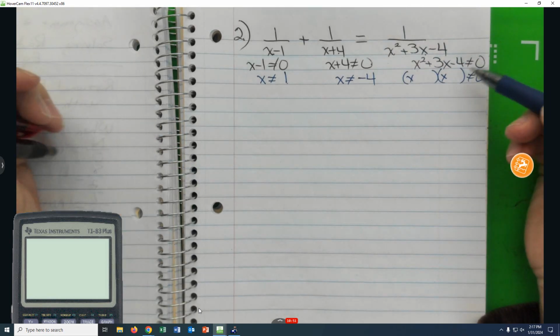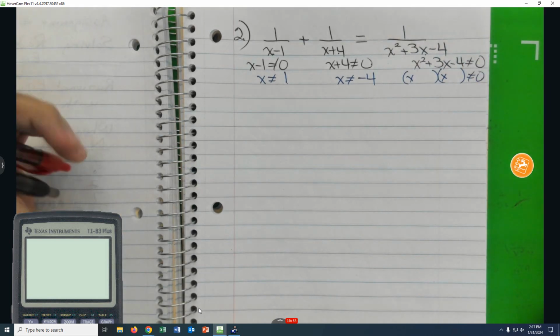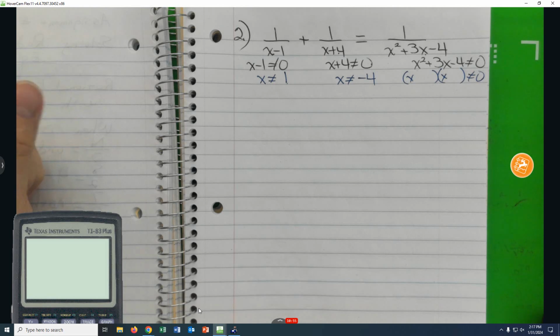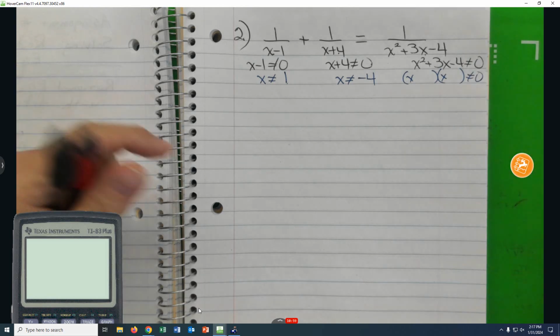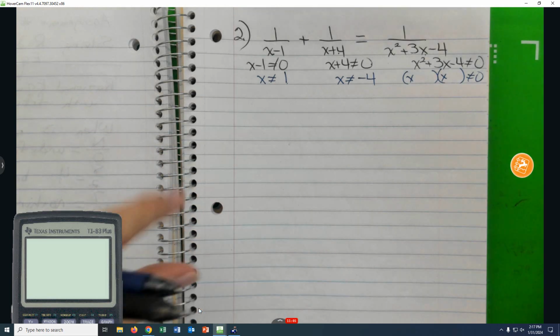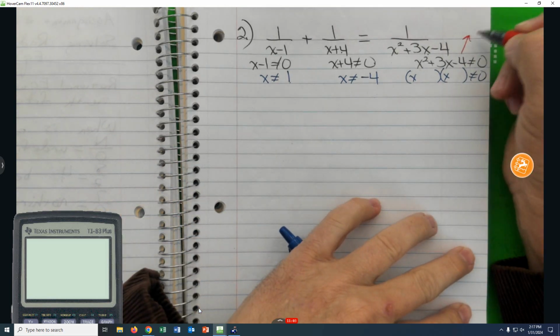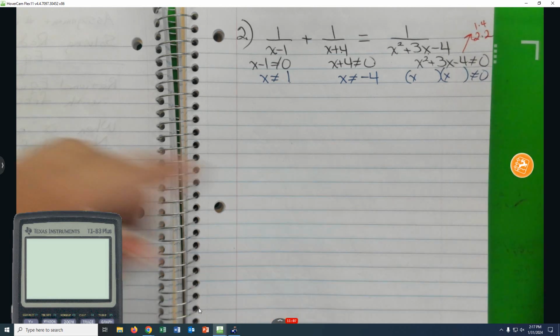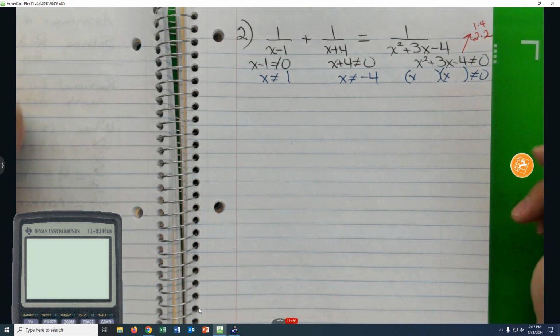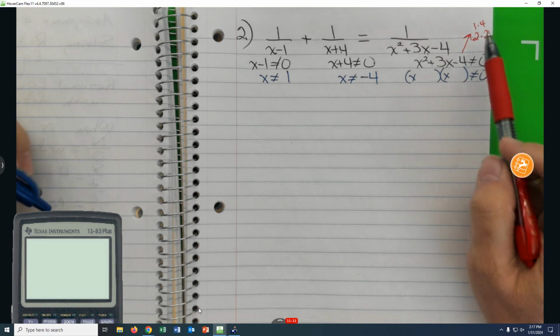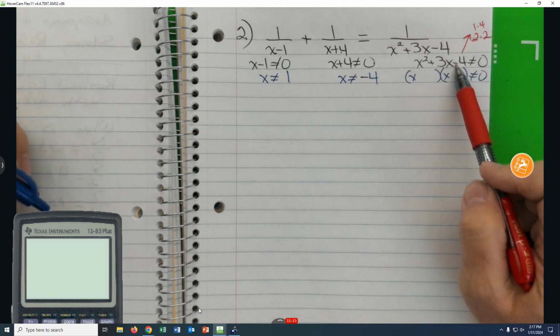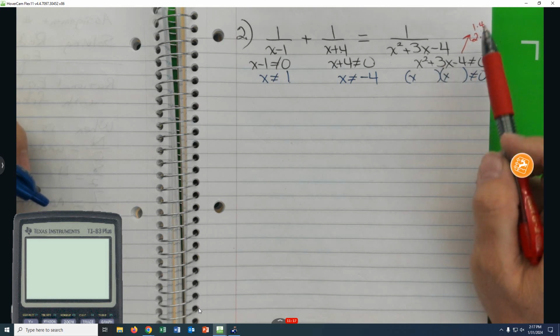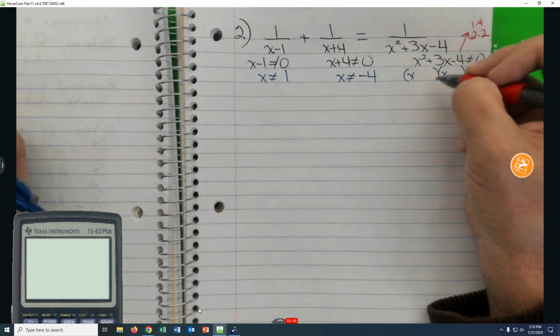What do we know about the signs? They're going to be different. And to get a 4, you need either a 1 times 4 or a 2 times 2. For a simple trinomial, in this case, you need the pair that subtracts to give you what? 3. So you're going to use 1 and 4. Put the 1 and the 4.